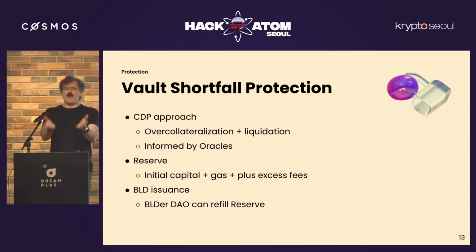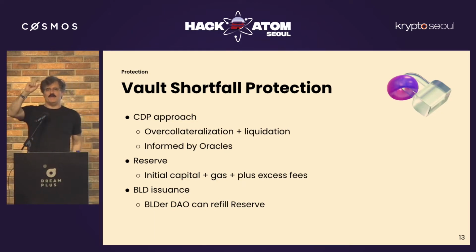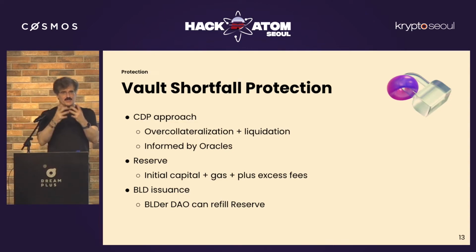But if it dropped too fast, or it was sold too slowly, then you might have $100 in debt for collateral that is now worth $80. And so that's what we mean by shortfall, right? I was able to sell it, but now I'm $20 short. And so that is covered by the reserve. There's a separate smart contract that has a reserve that will gradually accumulate fees over time.